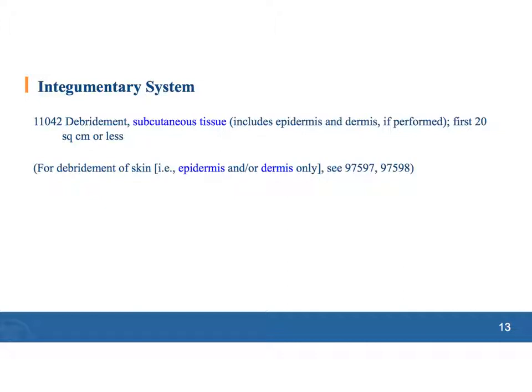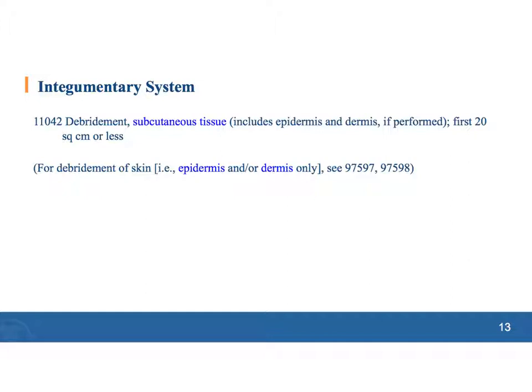So if we were looking at 11042 in your CPT book, that says debridement, subcutaneous tissue, includes epidermis and dermis if performed, the first 20 square centimeters or less. And then there's a parenthetical that says for debridement of skin, example epidermis and/or dermis only, the debridement 11042 subcutaneous tissue code is not your code.